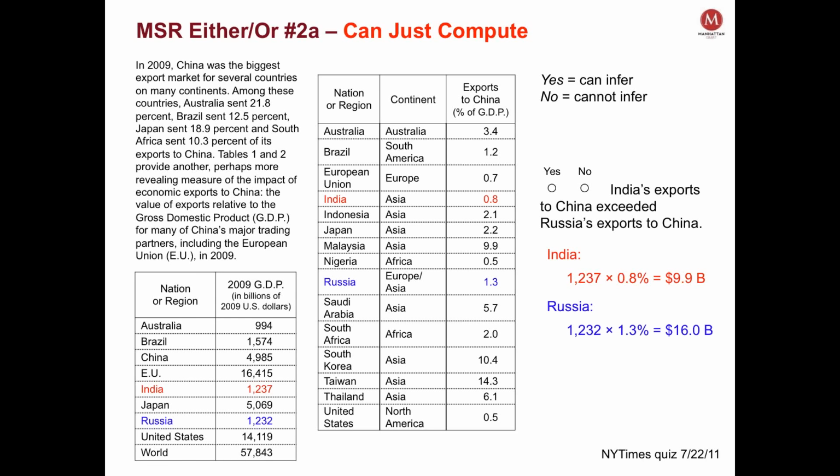So the answer here is no. Again, you could approximate, but why? Other thing you could do, if you write down the numbers, you notice 1237 and 1232 are practically identical. The percentage is much bigger for Russia, so you know it's that. But do you have to be so clever? No, you really don't. It's IR.